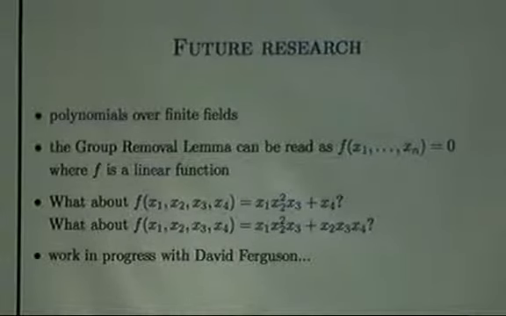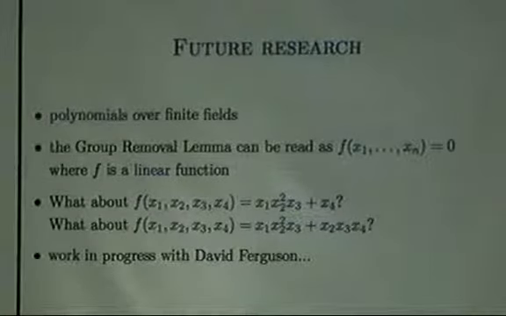So the statement is that if you have the sum of 4 unknown variables equal, let's say, to 0 or to something that is known. The group removal lemma says that if this function is linear, then you have the removal lemma.